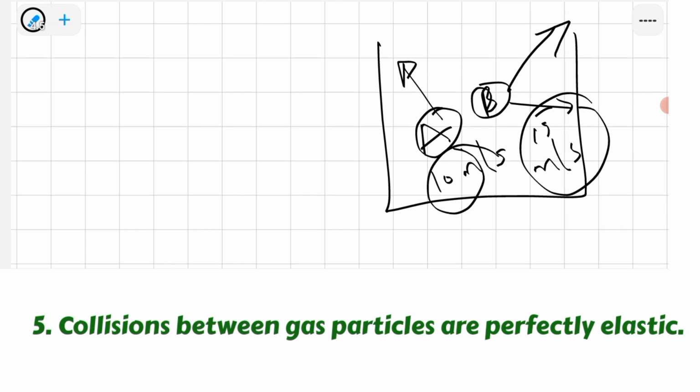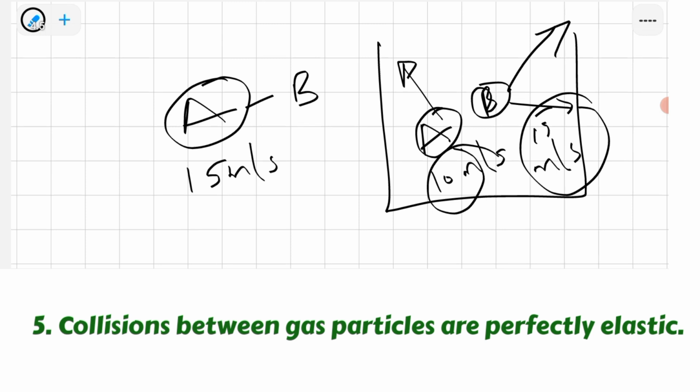Assume it was inelastic. Then after hitting each other, maybe before the speed of A was 15 meters per second, for example, and B was 10 meters per second. If it were inelastic, after hitting each other, A, instead of 15 meters per second, will now have a speed of like 5 meters per second. The speed has reduced. That means A is slowing down. But that's not how it is.